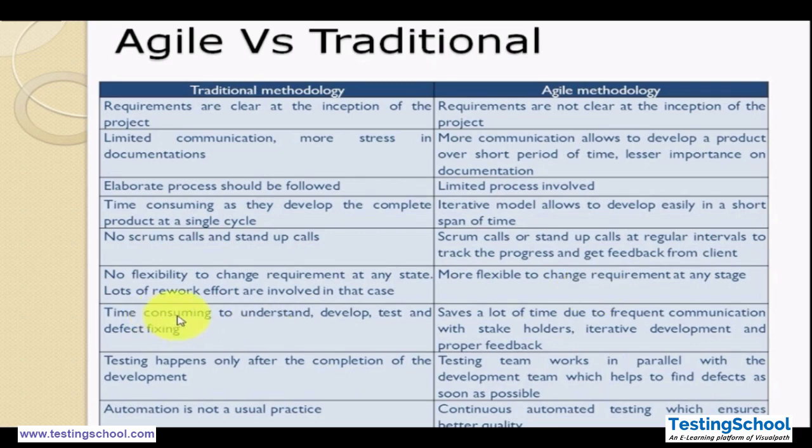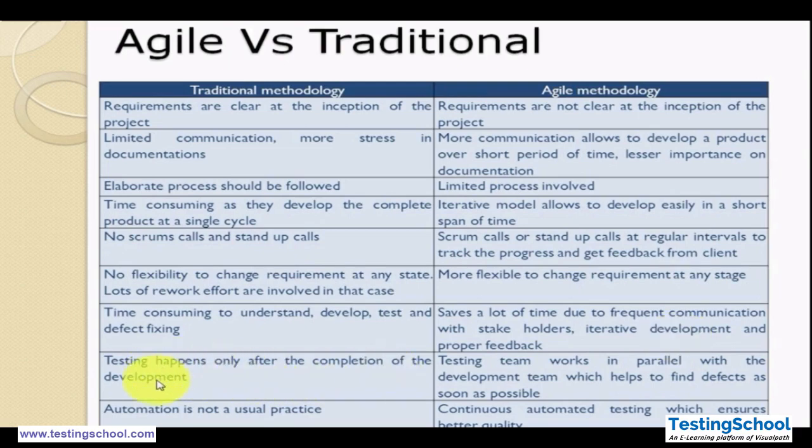The traditional model is time consuming to understand, develop, test, and fix defects. But in agile, it saves a lot of time due to frequent communication between our different stakeholders, where we communicate with our client directly about what is being worked on, where the defect is, and how much time it will take to fix those.